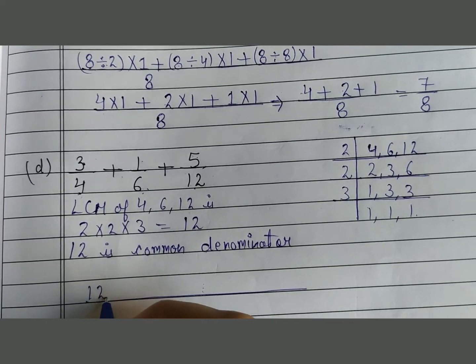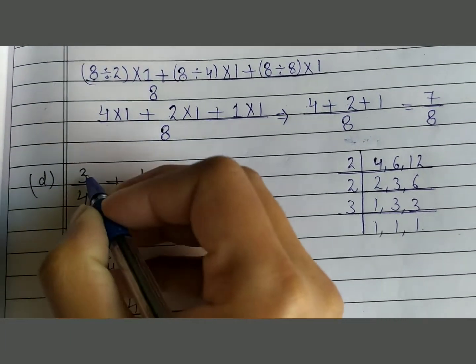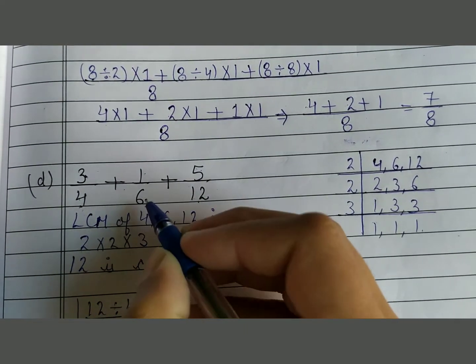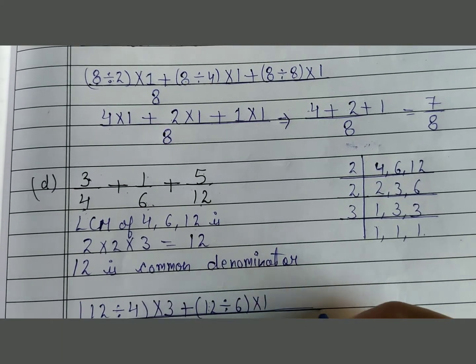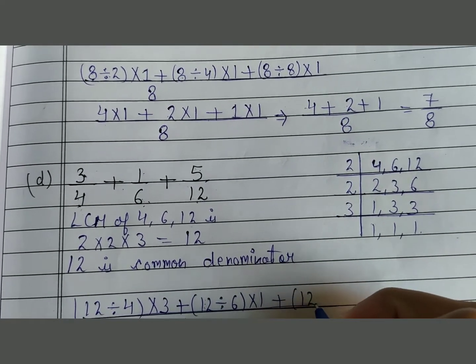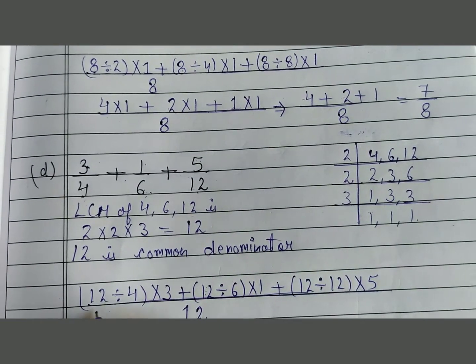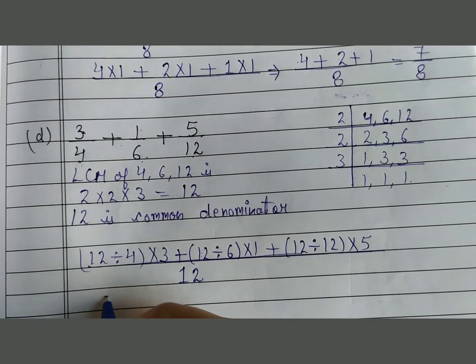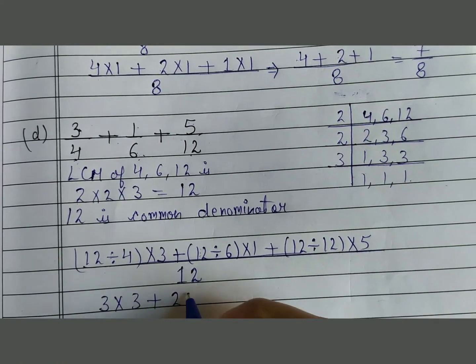Again write 12 divided by 4 multiply by 3. Addition sign. Again write 12 divided by 6 multiply 1. Addition sign. 12 divided by 12 multiply by 5. 12 divided by 4 equal to 3 multiply 3. Add 12 divided by 6, 2 multiply 1.